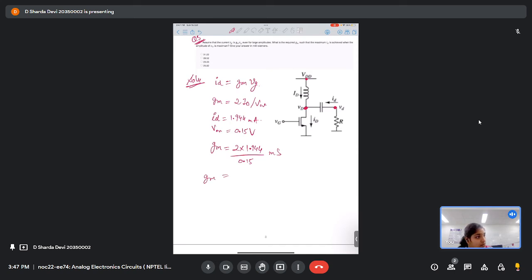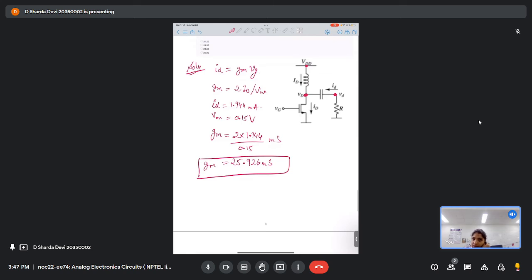So GM becomes 25.926 millisiemens. This is the value of GM that we'll get.